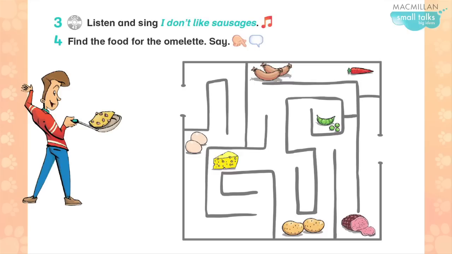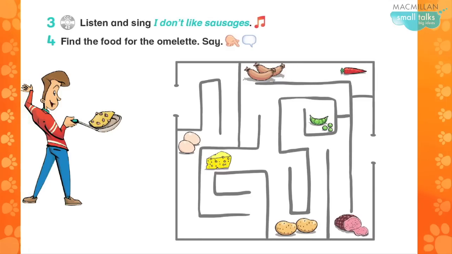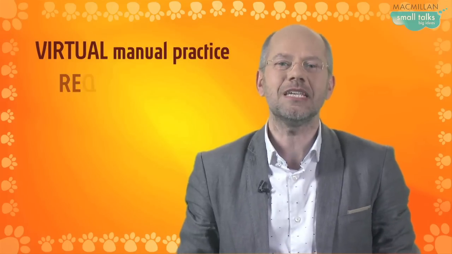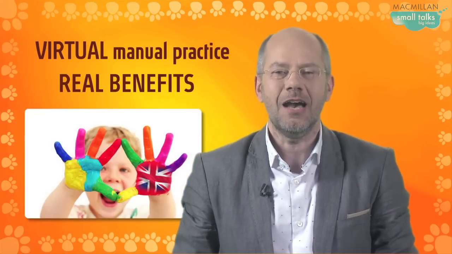In other words, virtual manual practice leads to a number of very real pedagogical and linguistic benefits. And this is what I would like us to take away from the first part of my solution to the manual activity problem. In other words, while the actual practice to a certain extent is virtual, the benefits are very much real. What kind of benefits?